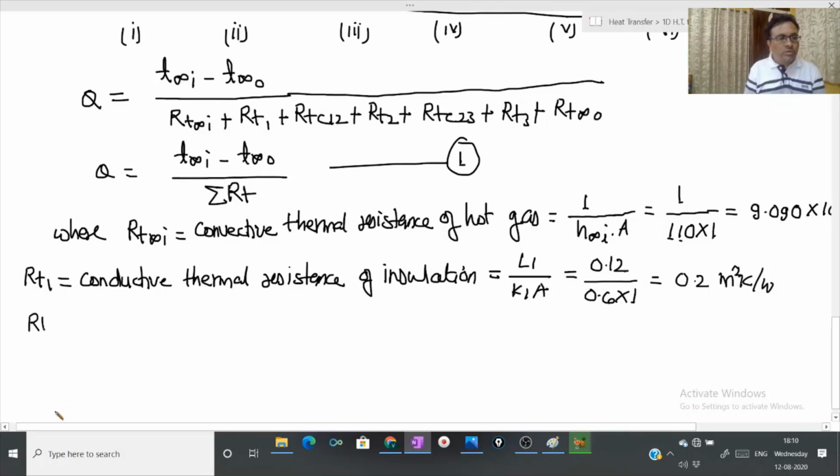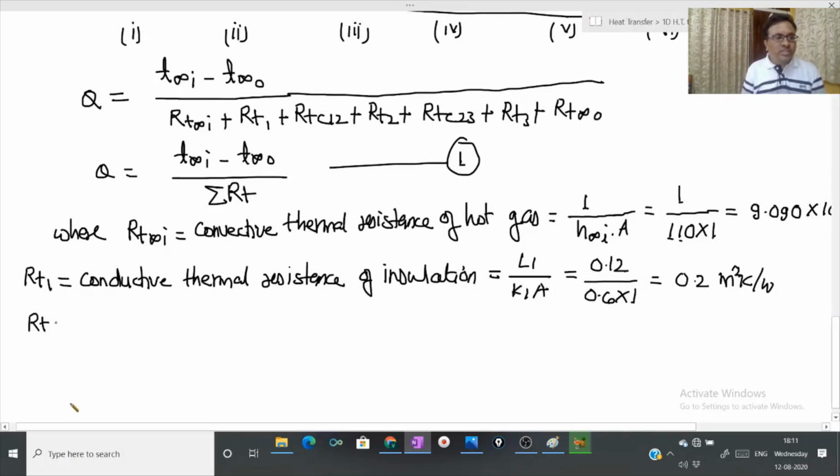RT2, conductive thermal resistance, sorry, before RT2, I must be able to calculate thermal contact resistance.